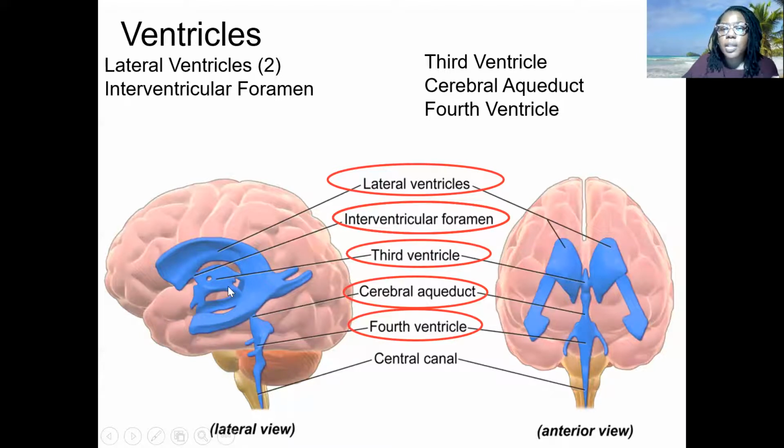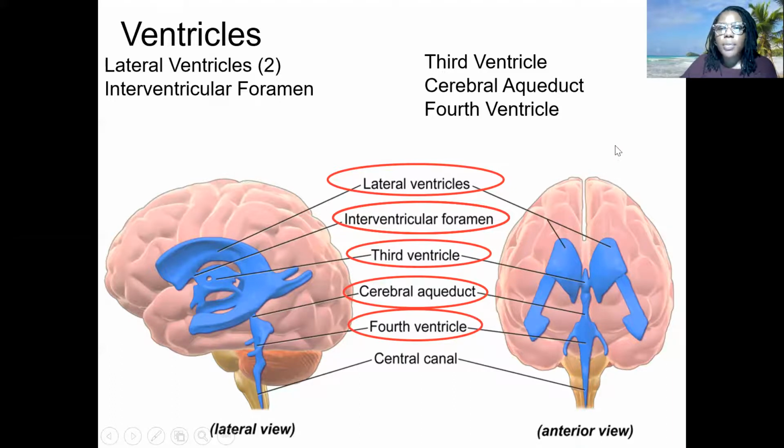From the 3rd ventricle, it's going to go through another small opening that's called the cerebral aqueduct. So here from this anterior view, we can see the 3rd ventricle and we can see the cerebral aqueduct. So it's going to leave the 3rd ventricle and make its way to the 4th ventricle, which is the final ventricle. From there, it's going to go through the central canal and then go into the subarachnoid space where it can circulate around the brain and spinal cord.